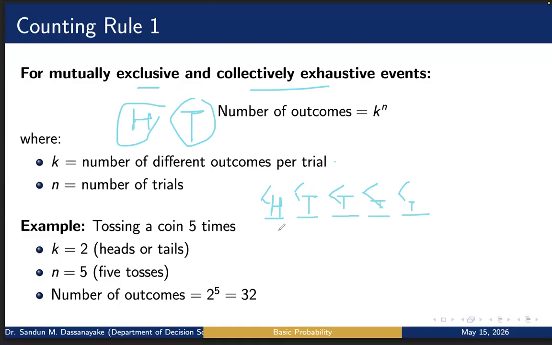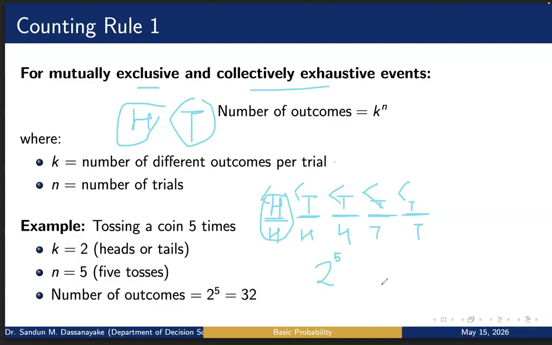If I write H here and H here and H here, tail here, tail here, I can write it like that as well. If you think about all these possible outcomes, we can calculate the number of outcomes. We have 2 possible outcomes, and we need to fill in 5 spaces, like 5 trials, so 2 to the power 5 would give us all the possible number of outcomes.